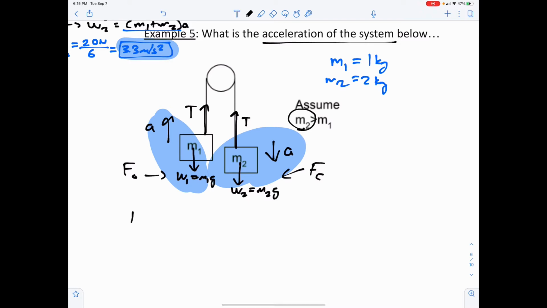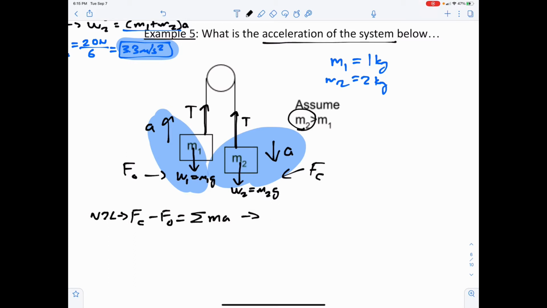Okay, so we're going to go Newton's second law equation, causing force minus opposing force equals sigma m a. Remember, sigma m means to add up your masses. In this case, there's only 2 masses.